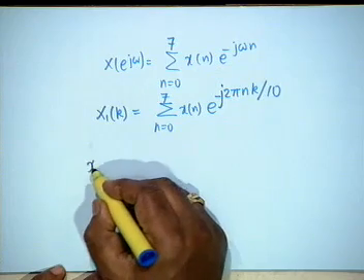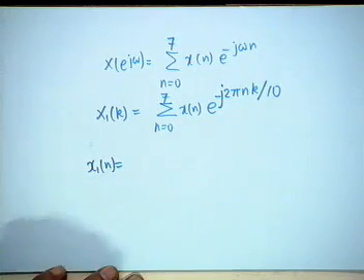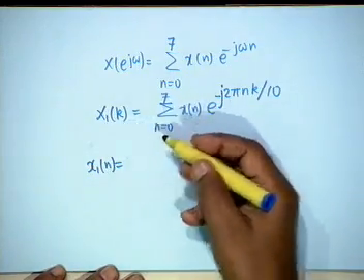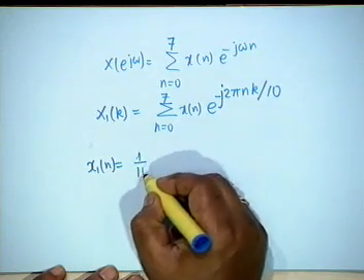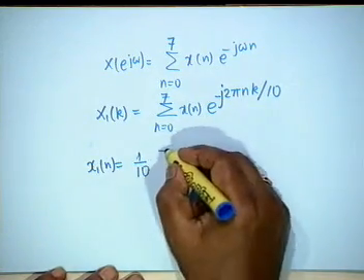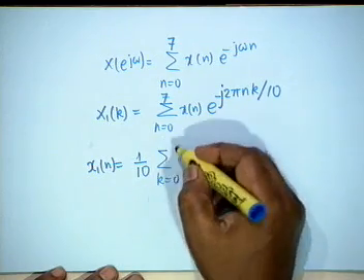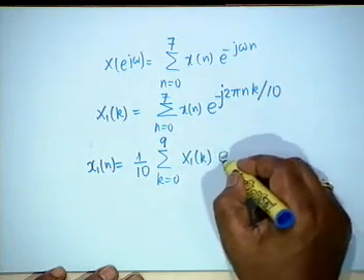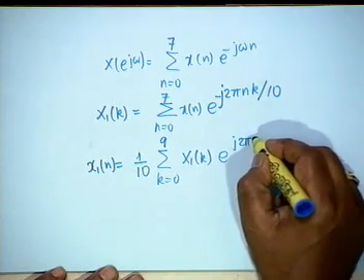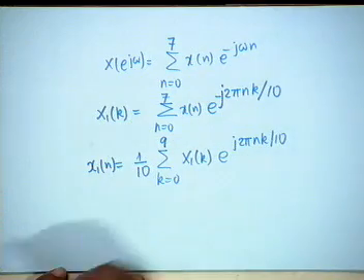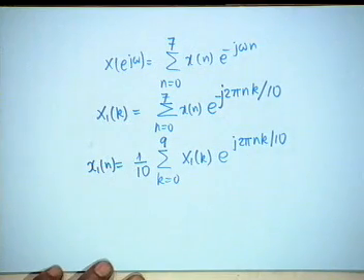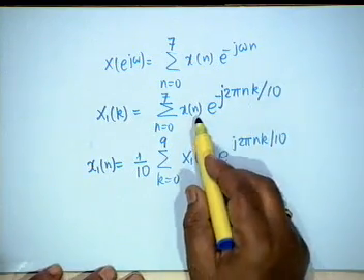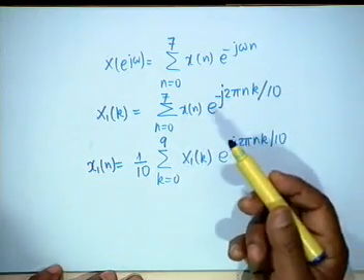So what we will do is we will invert it. This is the standard trick. If you are not allowed to compute this, you invert this. So, you get x of n equal to 1 by 10, k equal to 0 to 9 x1 of k e to the power j 2 pi n k divided by 10, and do the standard trick, that is replace x1 of k by this, but you can't use the same variable, you have to change the variable.